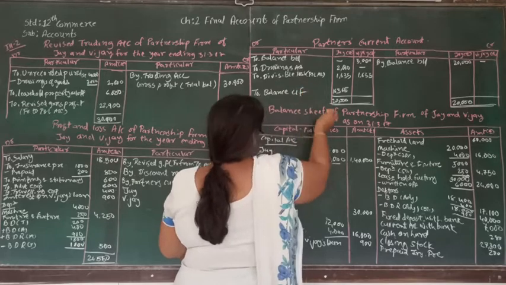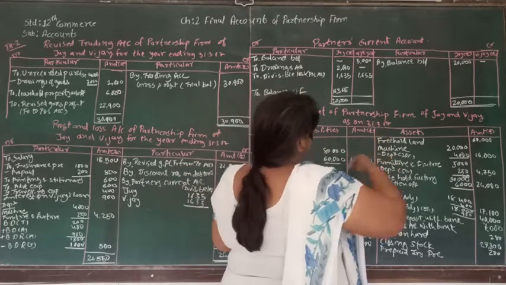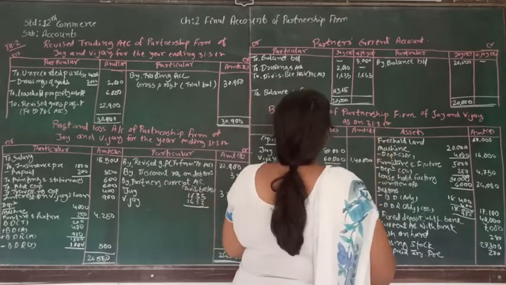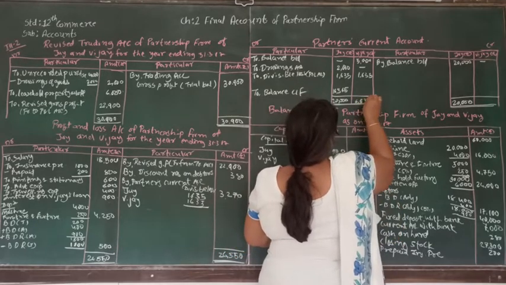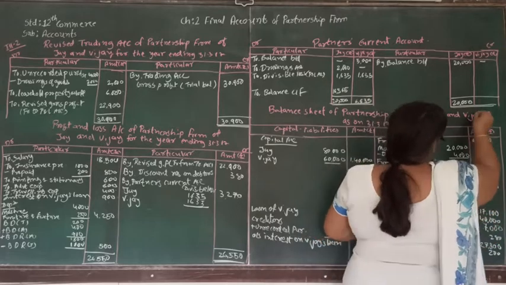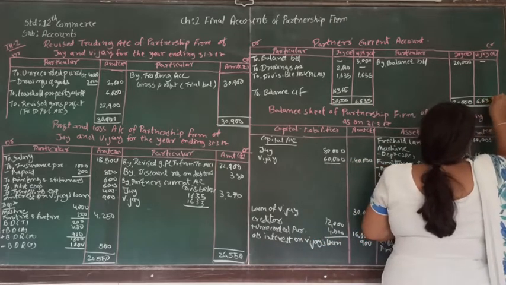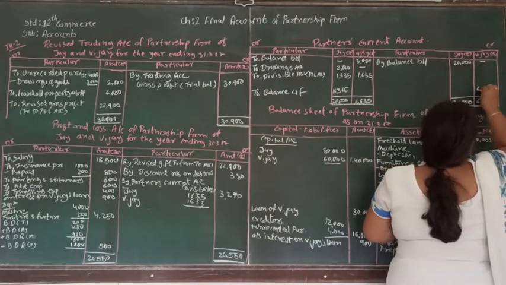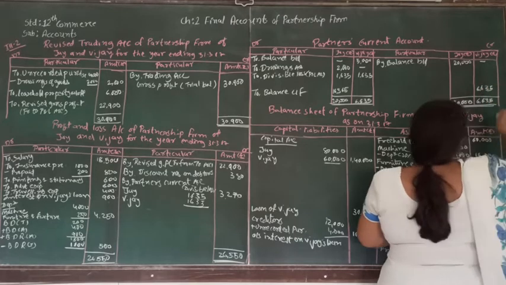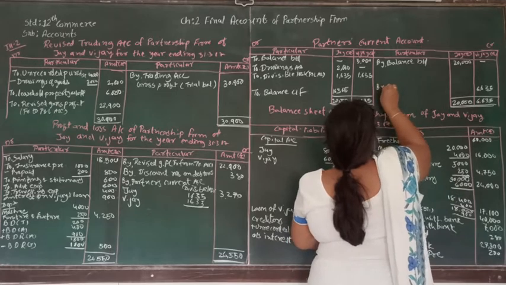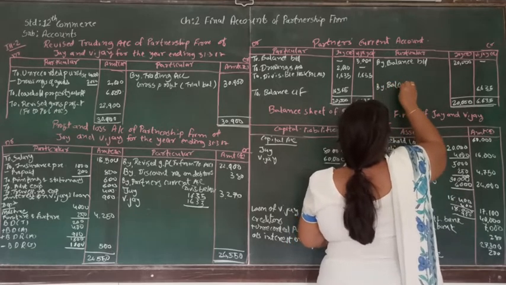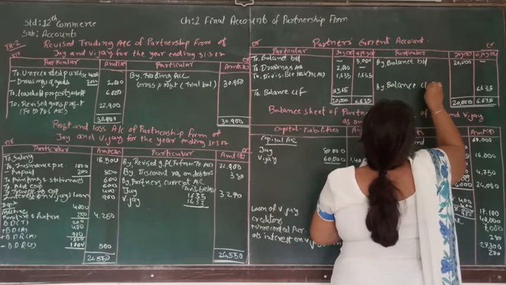Balance carried forward. Now we can see that in Vijay's account the debit side total is more, and this is 6,635. This 6,635 we are going to take to the credit side. This is the balance, and here by balance carried forward.